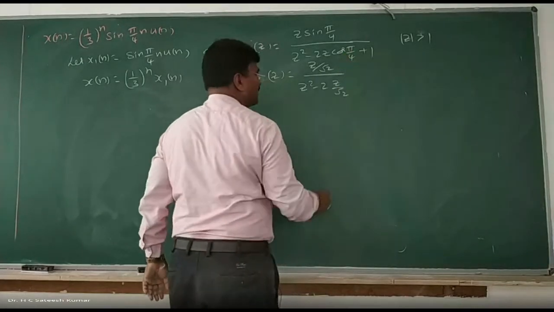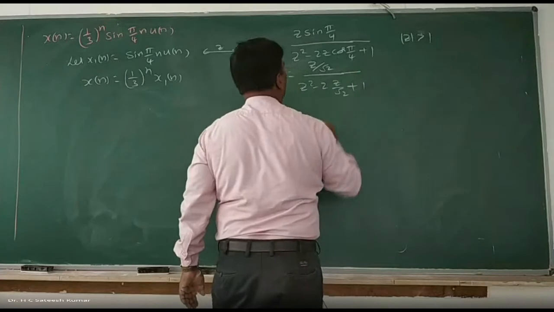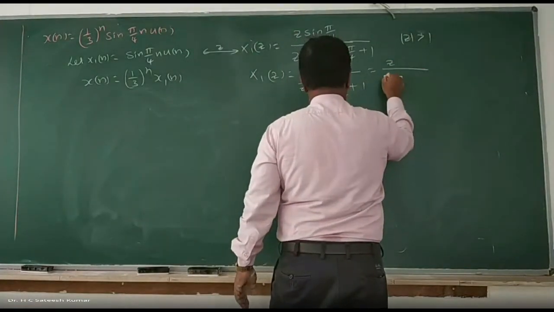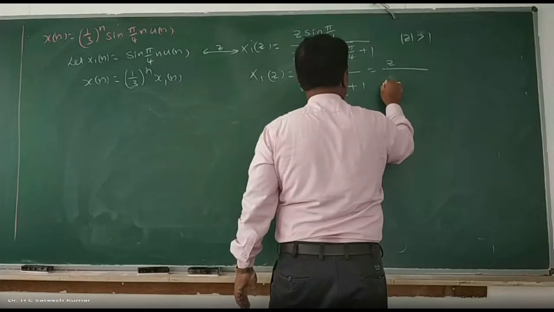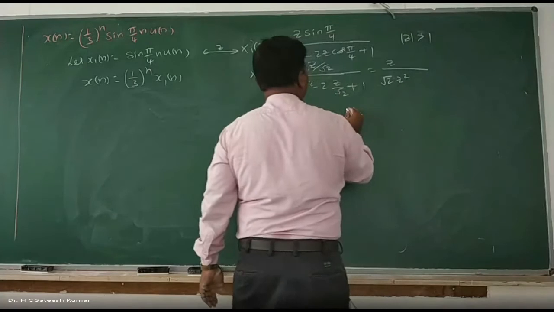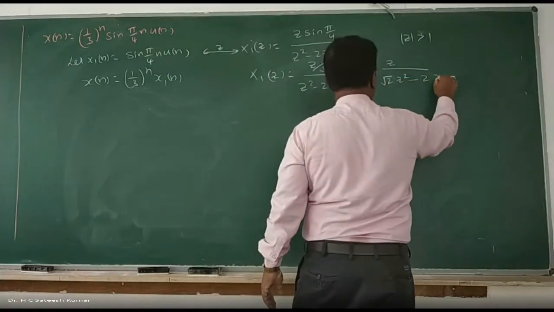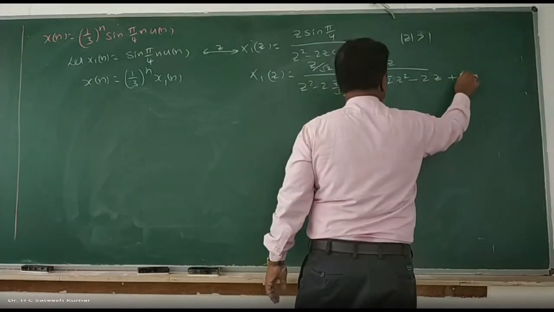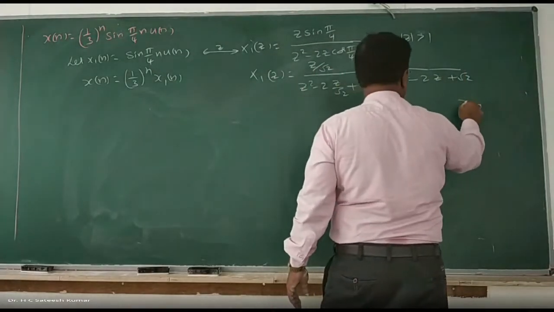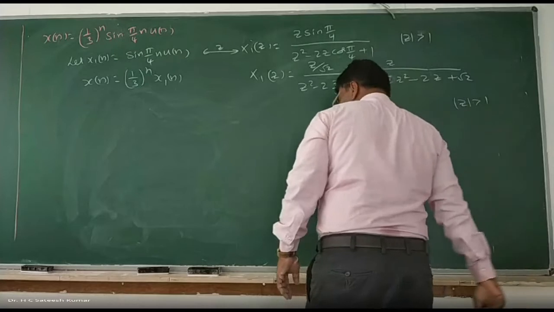Take the root 2 to the denominator if you want. You can simplify it: z divided by root 2 z square minus 2z plus root 2. Not much simplification is involved. The ROC remains the same, mod z greater than 1.